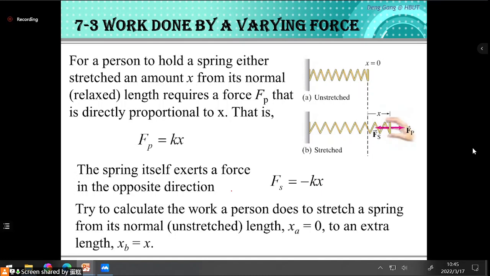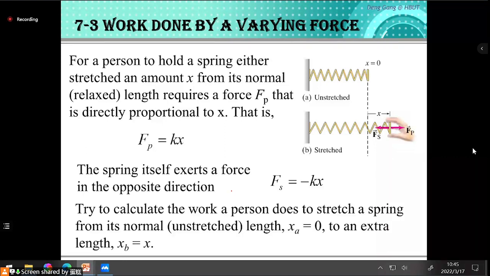So we want to calculate the work a person does to stretch a spring from its normal length, where xA is equal to 0 and xB is equal to x. We want to try to calculate this.